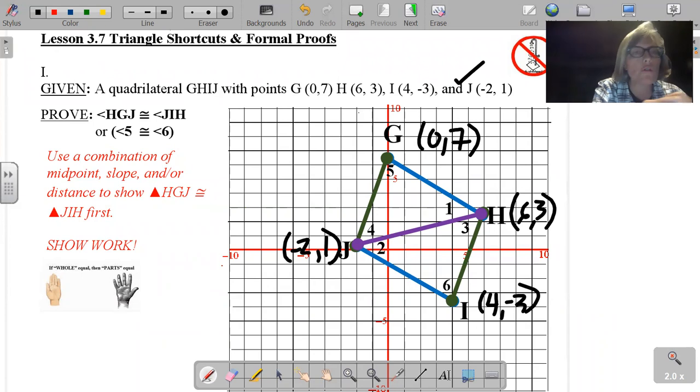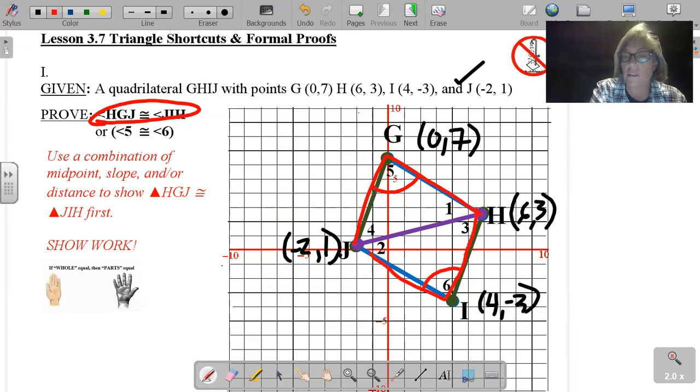Your ultimate goal is trying to prove that angle HGJ, which is angle 5, is congruent to JIH, which is angle 6. I'm not going to mark them congruent because I'm trying to prove it, so I put a question mark here.